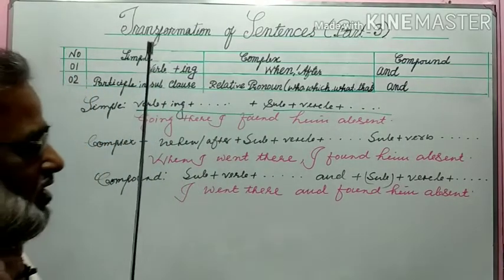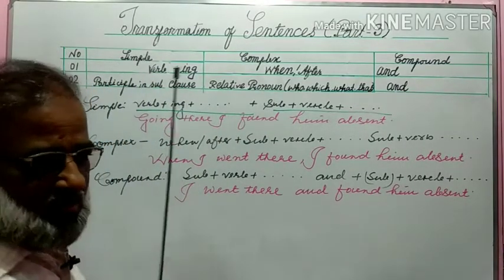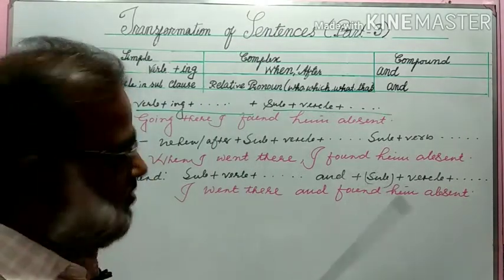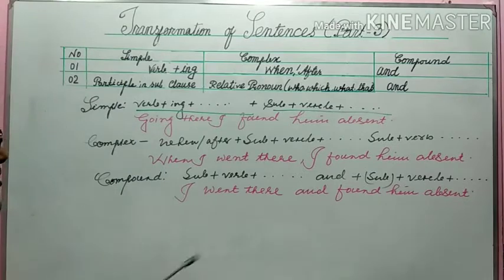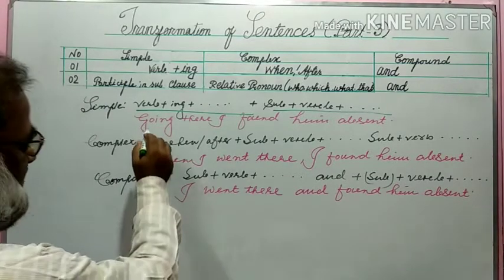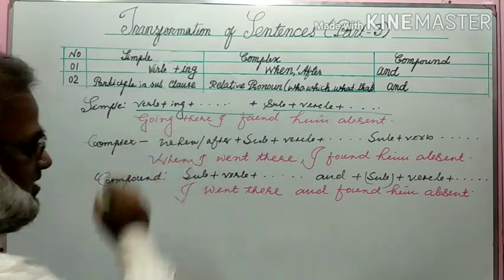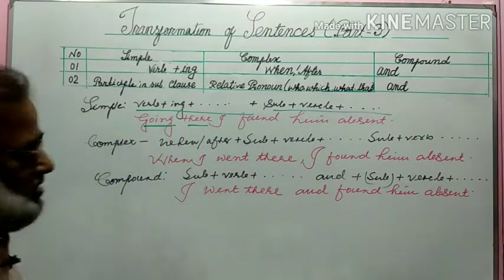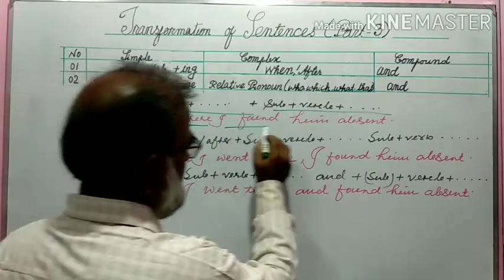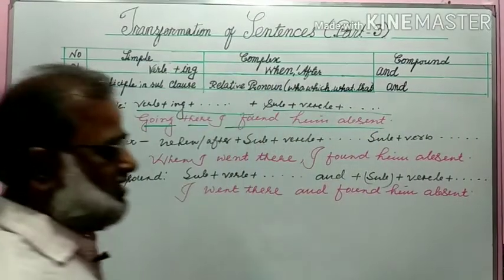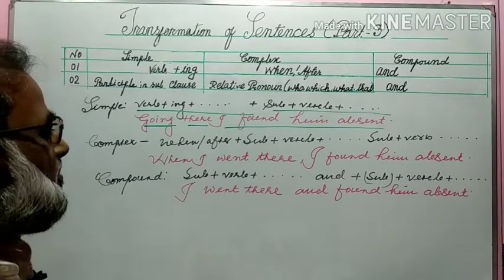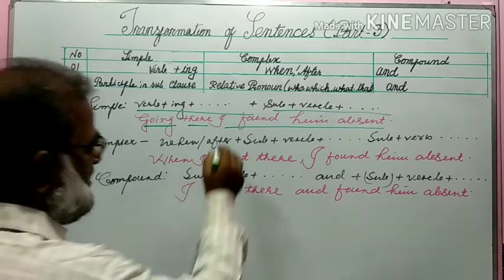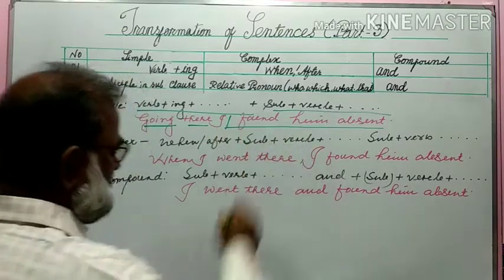I told you earlier that there will be no change in principal clause. The example is verb plus ing, going there. I found him absent. This is my principal clause. Going there, I found him absent. There will be no change here.